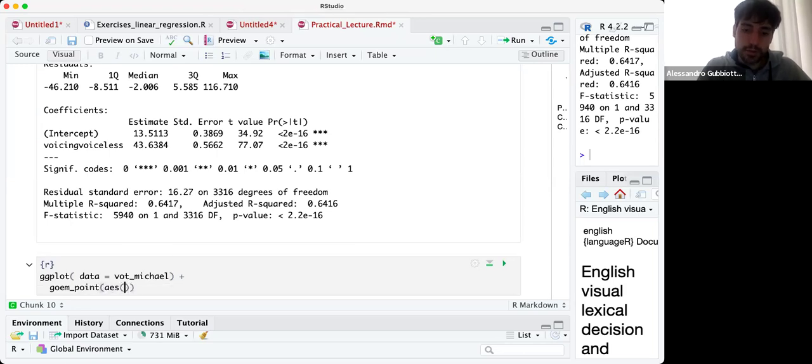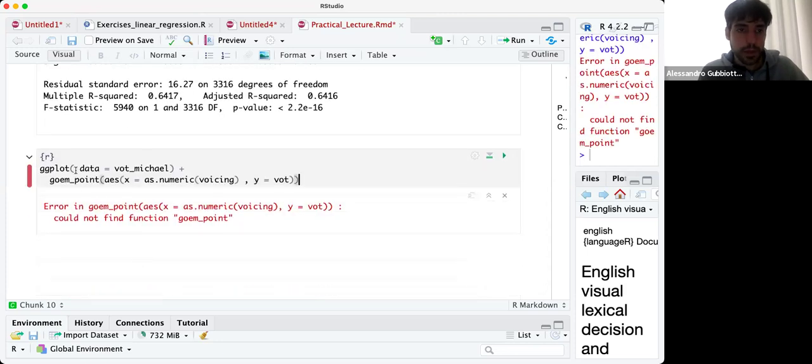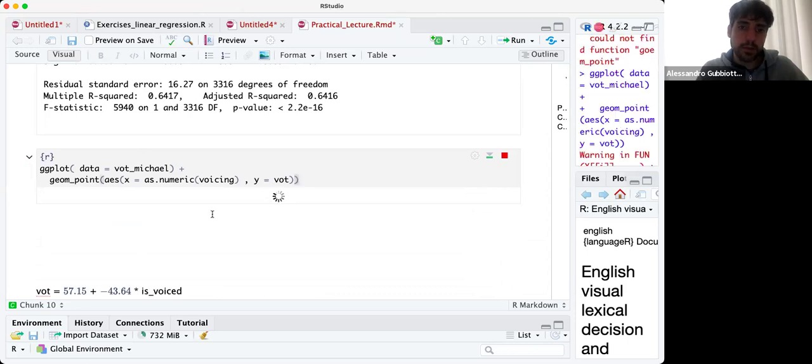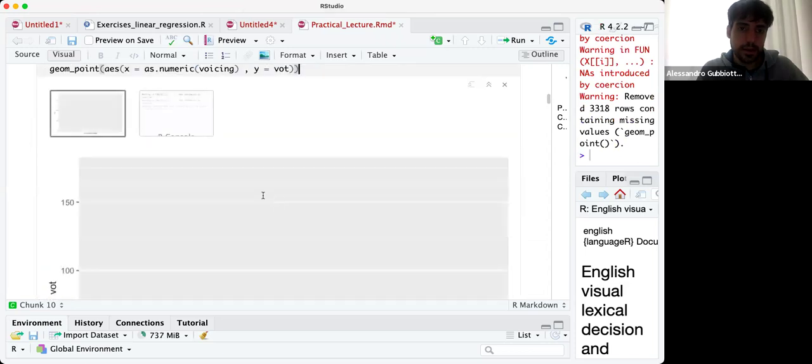On the x-axis, we plot the variable voicing, and on the y-axis, the variable vocal onset time. We can see what we are trying to do.